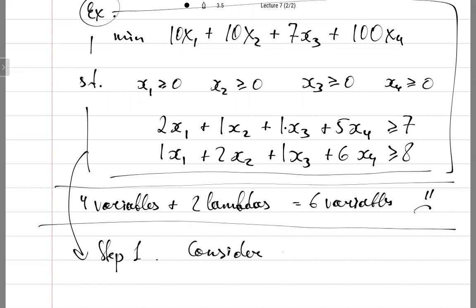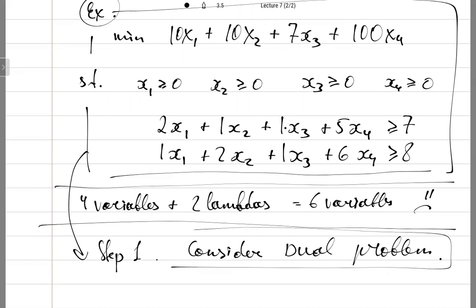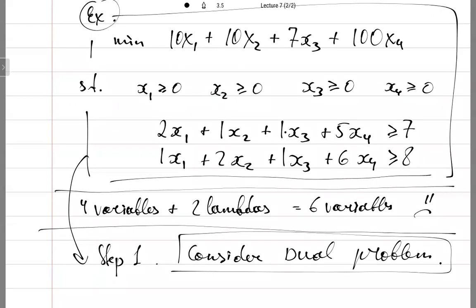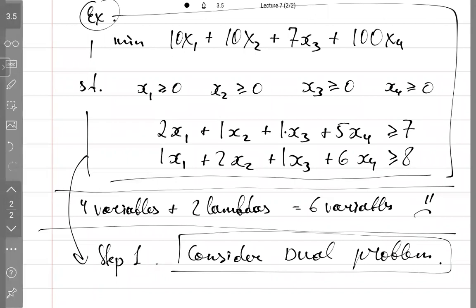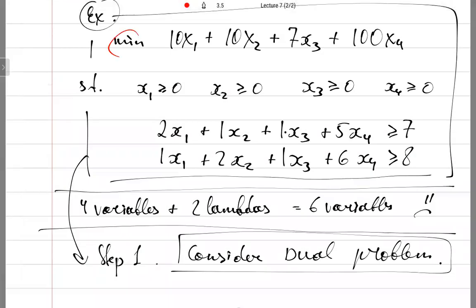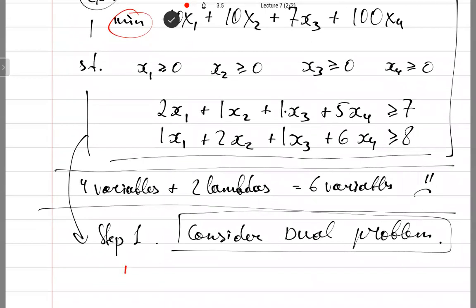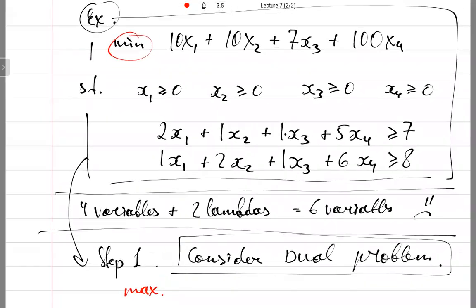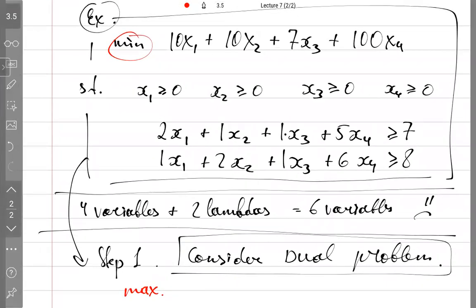Consider the dual problem. Instead of minimization, I will have a maximization problem. So how do we calculate the dual problem? First, instead of minimization, we will have maximization. Once again, what is the correspondence? We discovered this correspondence last week, but probably you have forgotten almost everything.